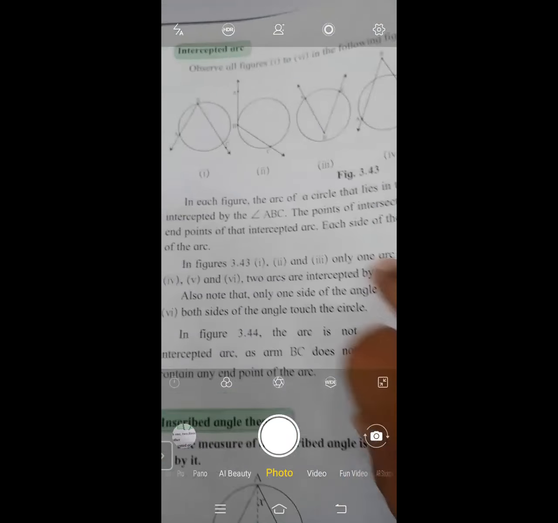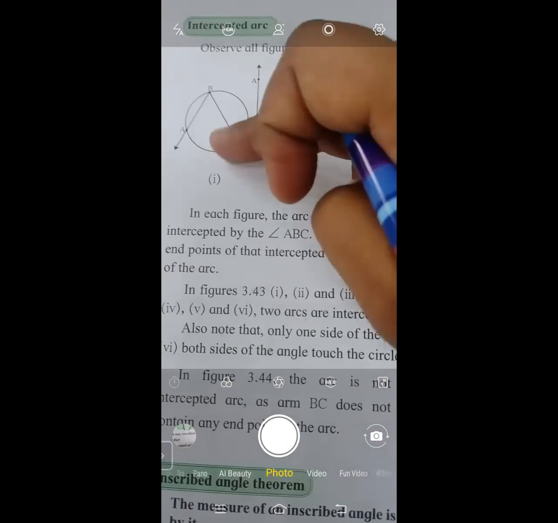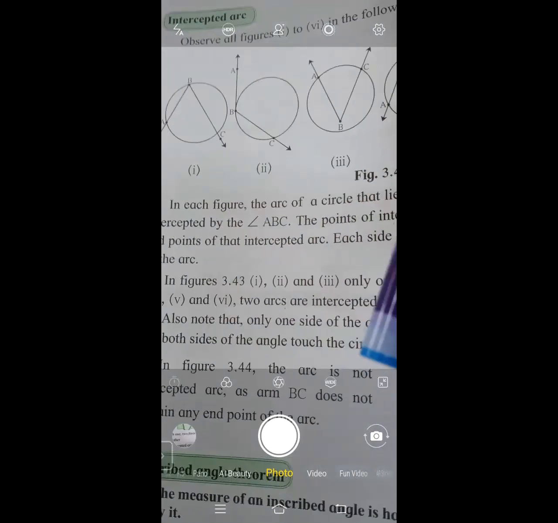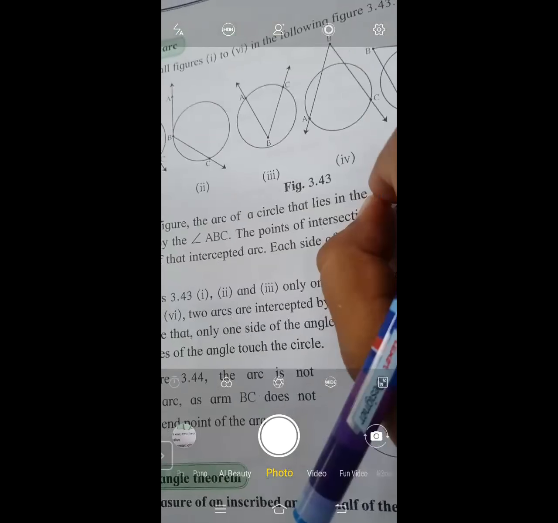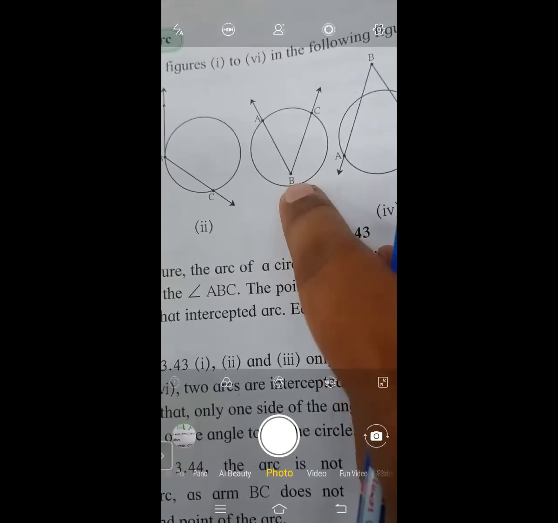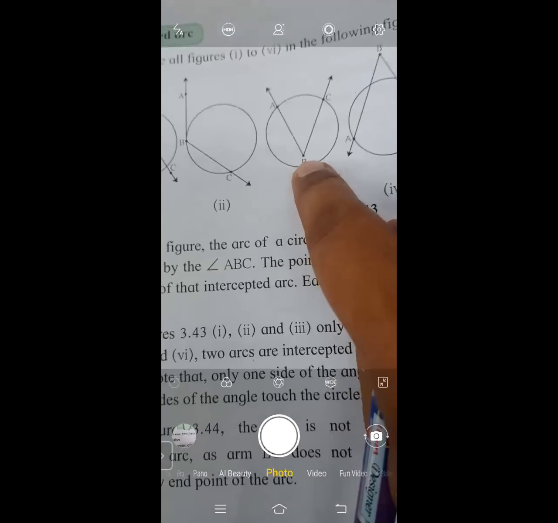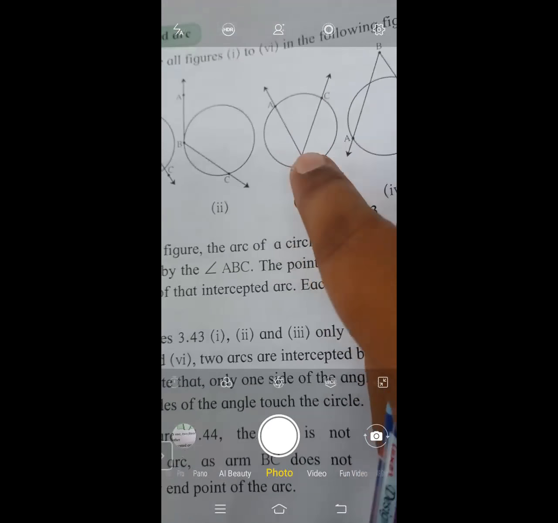So you can see that the vertex should strictly lie on the circle, okay? And the two arms should cut the circle in 2 points. So the first, third, okay, this is also not an inscribed angle, as the vertex is not on the circle. It should be on the circumference of the circle.